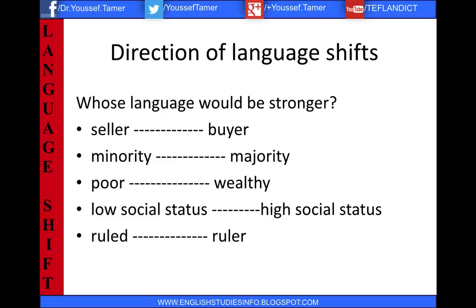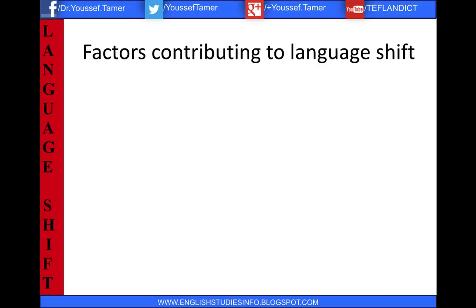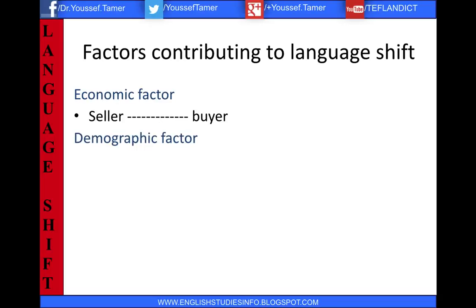I'm going to repeat the same points in the following slides, in case you missed something here. Now, to make this clear, we're going to repeat the same things using some categories for the factors that can lead to language shift. So the factors contributing to language shift could be economic factors. That's what we have mentioned as the seller adopts the language of the buyer. They could also be categorized as demographic factors.